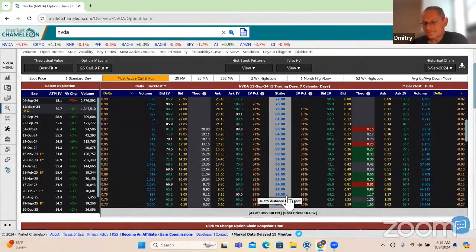So here's one. Let's just take this one. This is a call option, 96 strike, and here we see that the call bid is 805 and the call ask is 815.